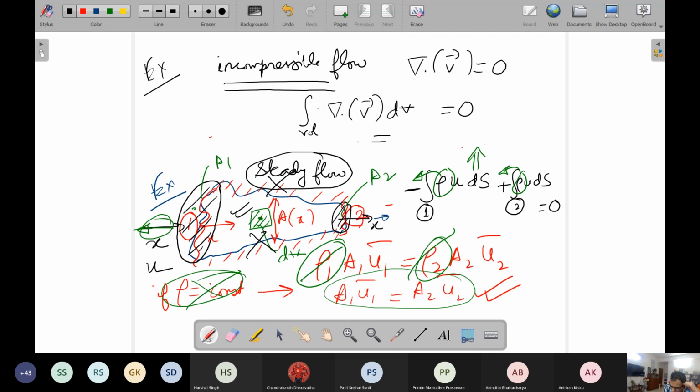So this will straight away lead to A1 U1 average is equal to A2 U2. Exactly the same derivation, so I'm not wasting time by repeating it. Only the rho factor is not there.